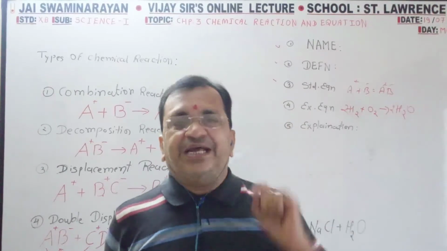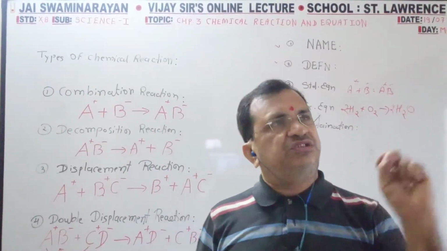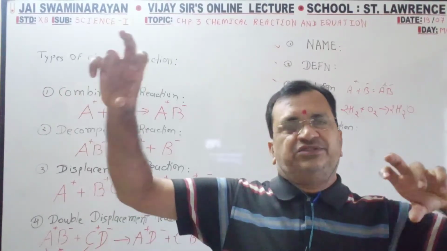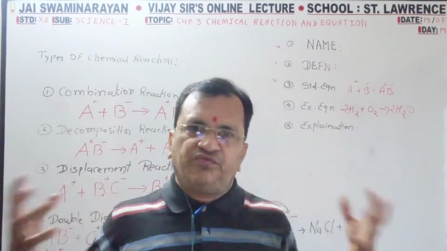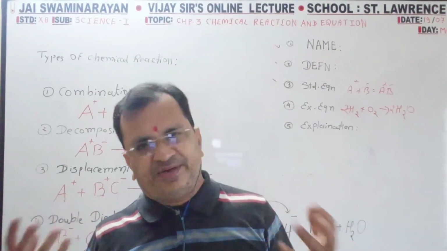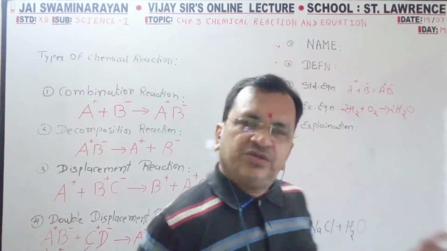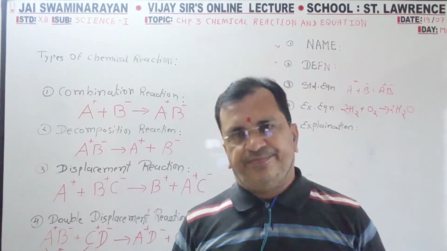So on electrolysis of water, in one test tube oxygen will be gathered, and in one test tube hydrogen will be gathered. So from the water you can separate hydrogen and oxygen. From the carbon dioxide you can separate oxygen and carbon. The same you write in words.